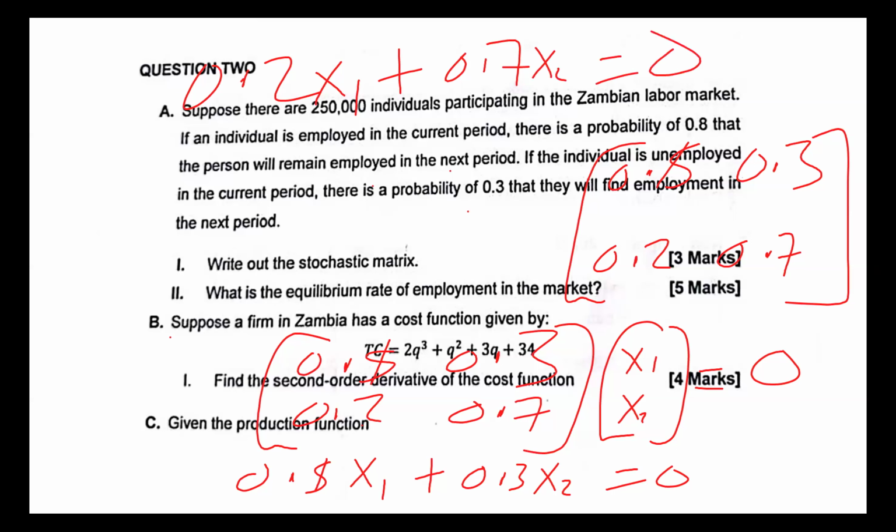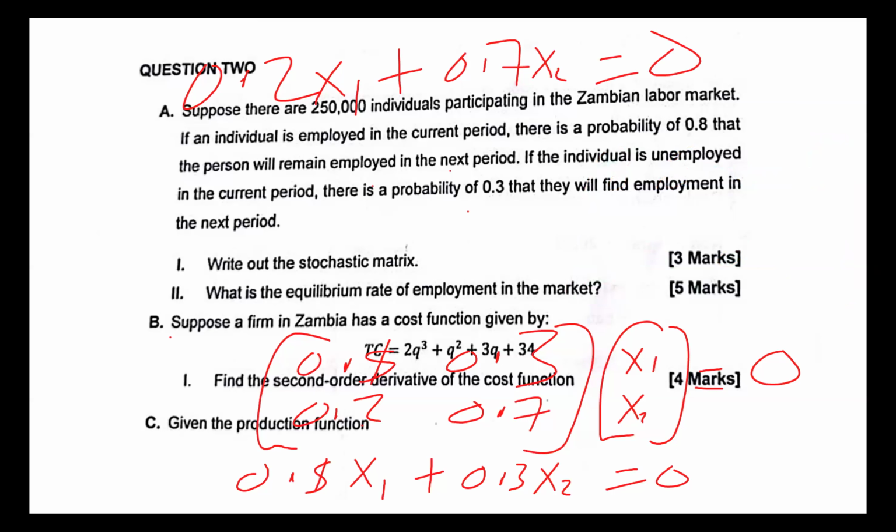Then you can use any of the two lines, by your choice, to find the value of either X1 or X2. Very easy, yeah?